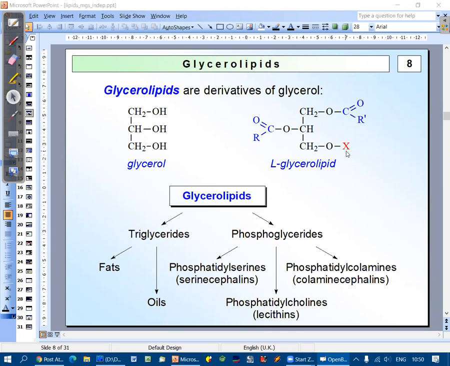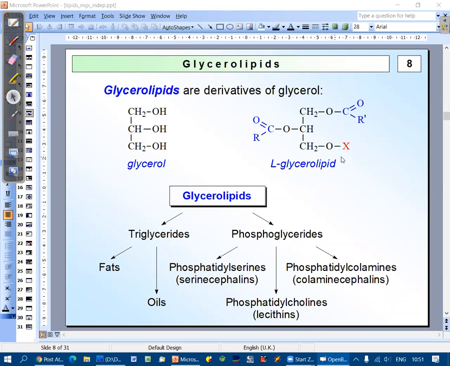And X here can be the residue of phosphoric acid. Then it will be phosphatidic acid. If we add an amino alcohol to phosphatidic acid, we will get three more subclasses of phosphoglycerides, and these are serinecephalines, cholaminecephalines, and lecithin. Let's draw all these formulas.